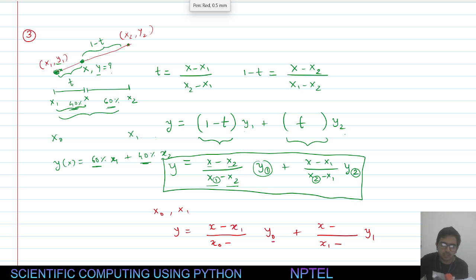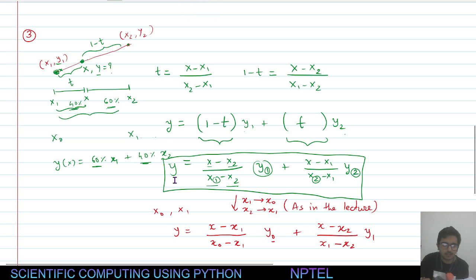So it's going to be x1 and x1, and this will be x2 and x2. Okay, so what I have done is change x1 to x0 and x2 to x1, as in the lecture. So you get this formula.